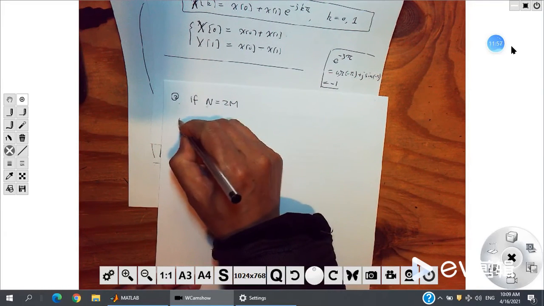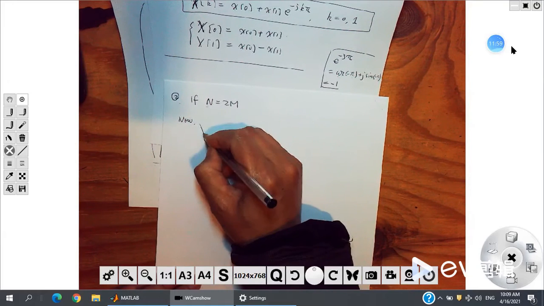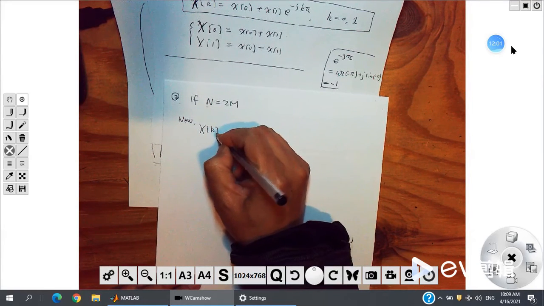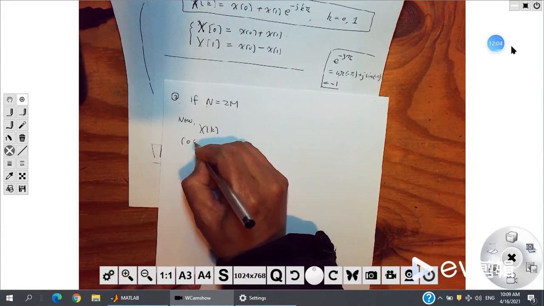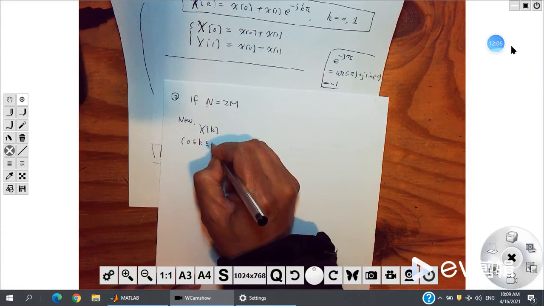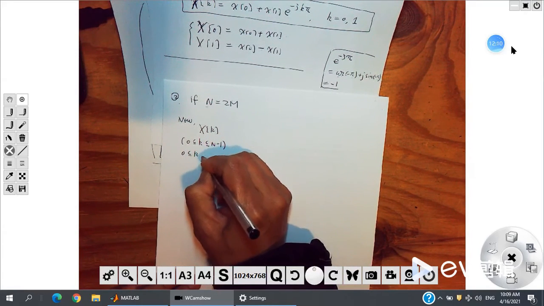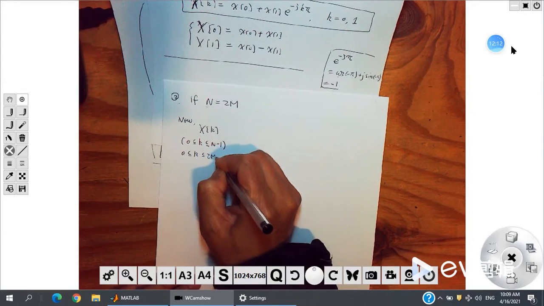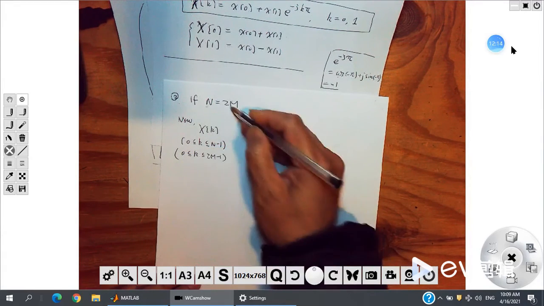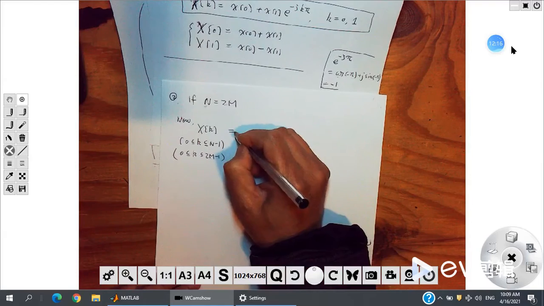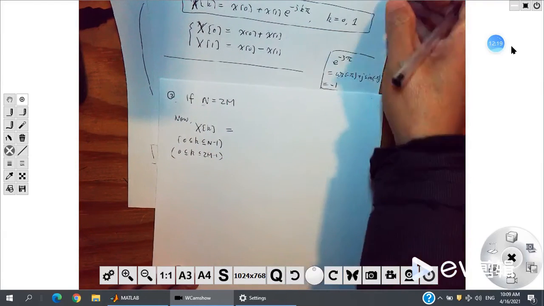Now capital X of k, where k runs from 0 to n minus 1, which is also k running from 0 to 2m minus 1, the same thing since n is 2m, equals a summation.